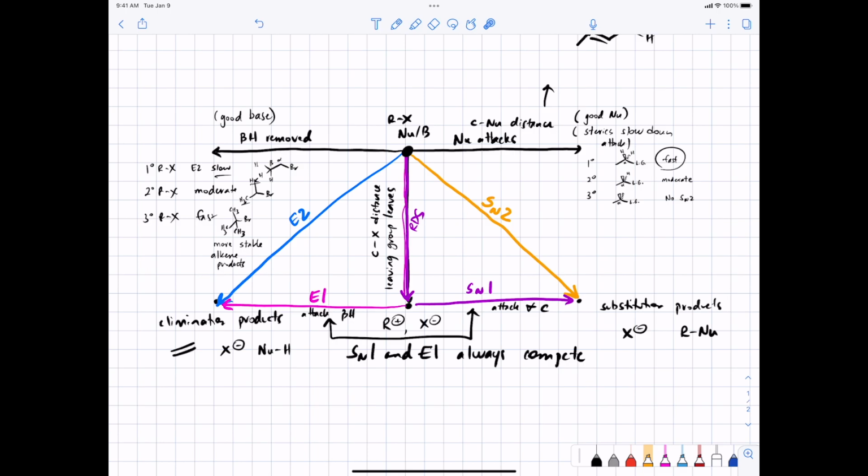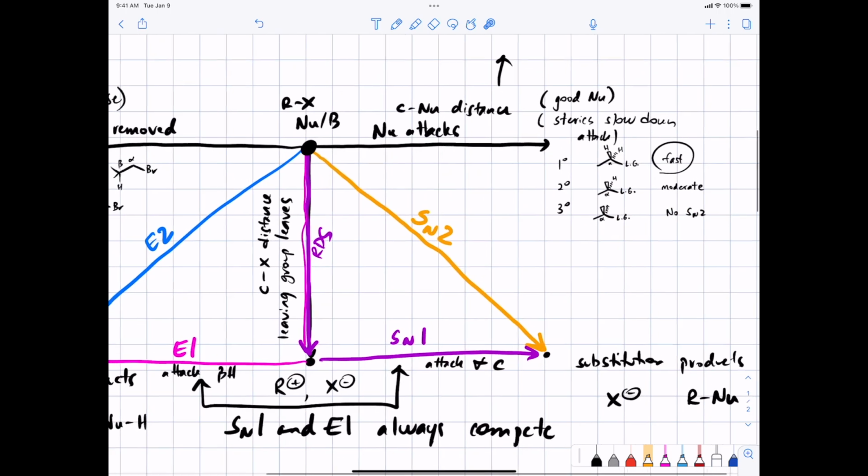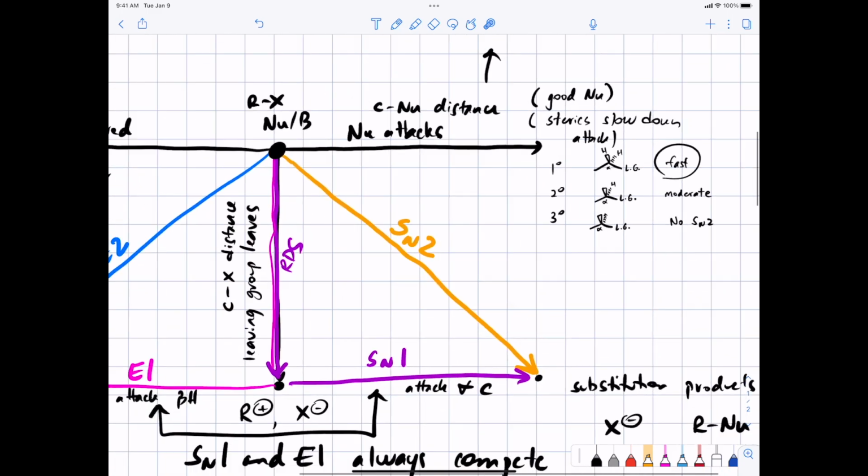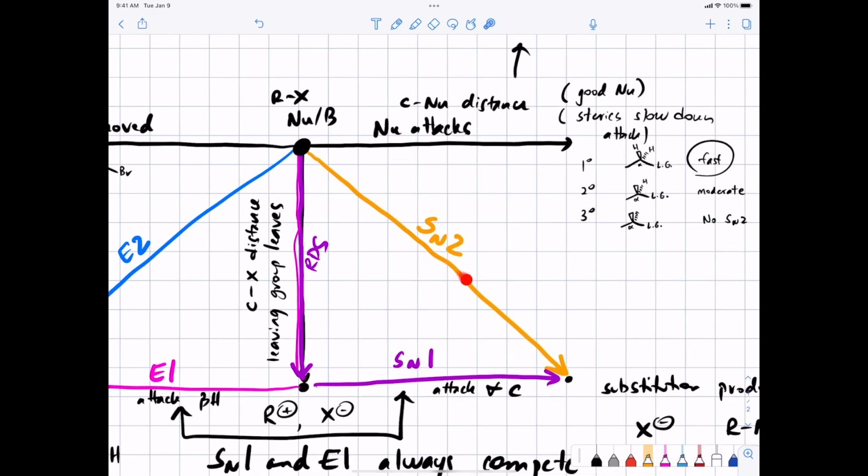As the substitution of your alkyl halide increases, the transition state energy for SN2 gets higher. That's because of sterics. It gets harder and harder to do the SN2 reaction because backside attack gets much more difficult for tertiary alkyl halides. As that SN2 transition state increases in energy, at the same time the transition state for leaving group leaving decreases in energy because tertiary carbocations are more stable, right?